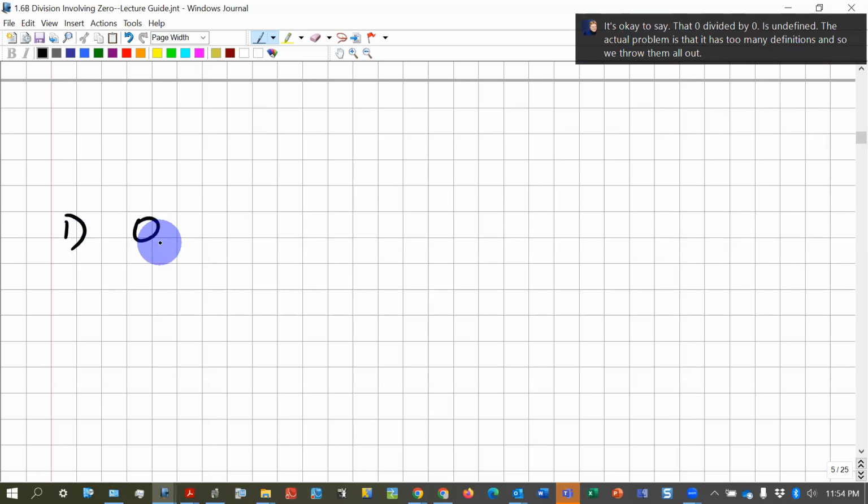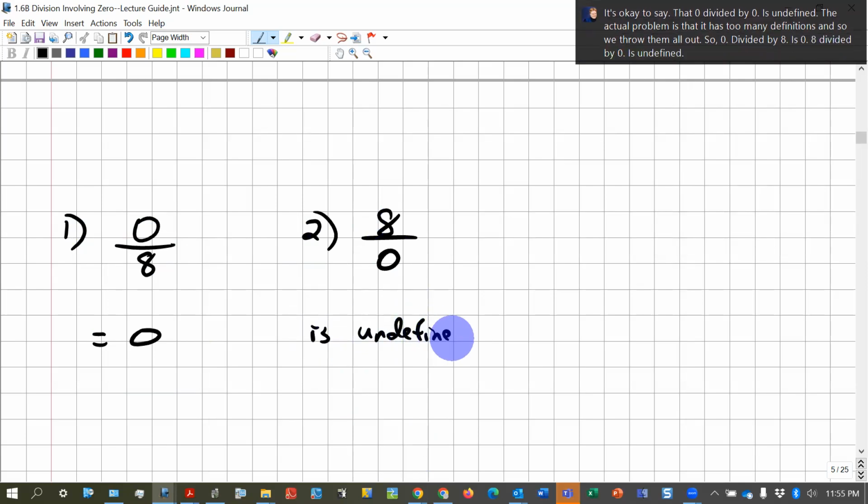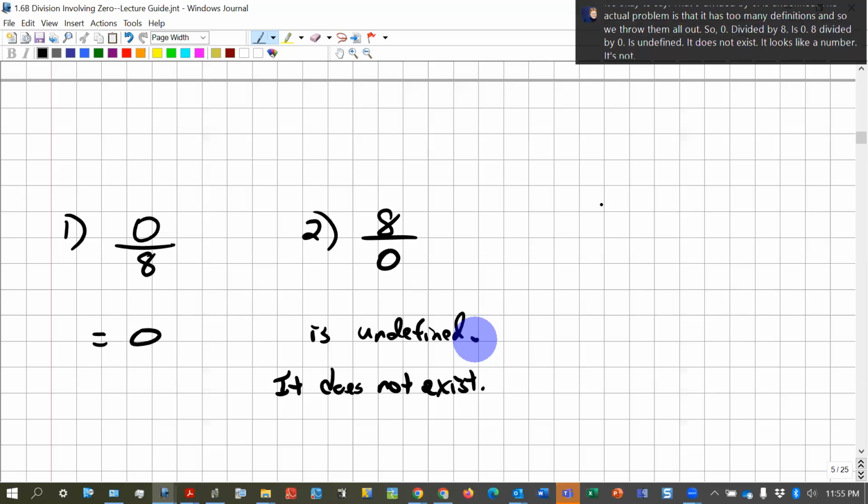So 0 divided by 8 is 0. 8 divided by 0 is undefined. It does not exist. It looks like a number, it's not a number.